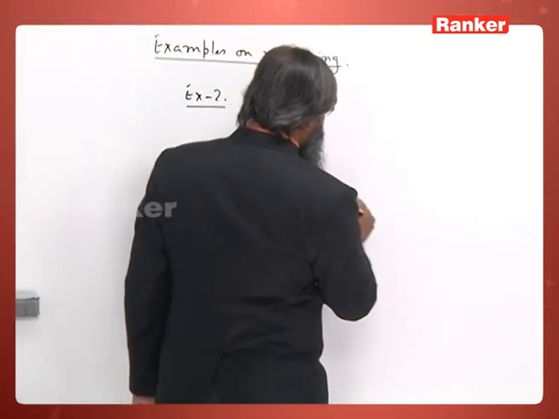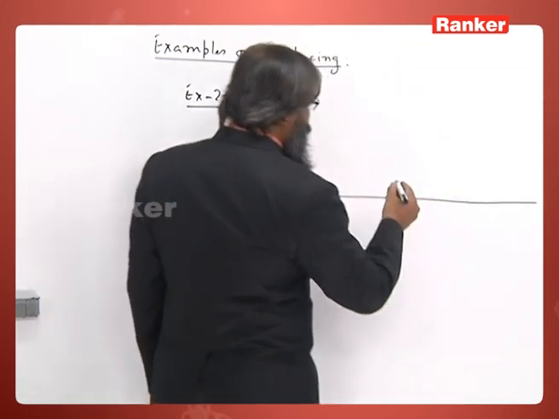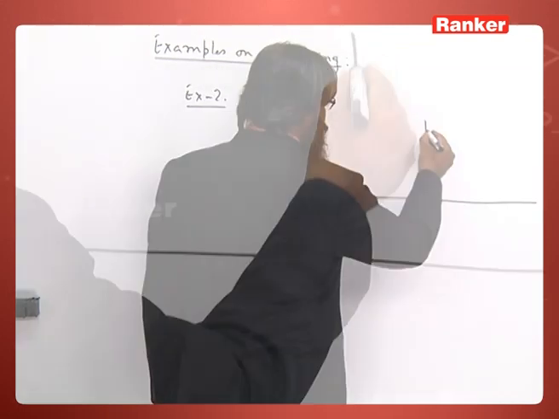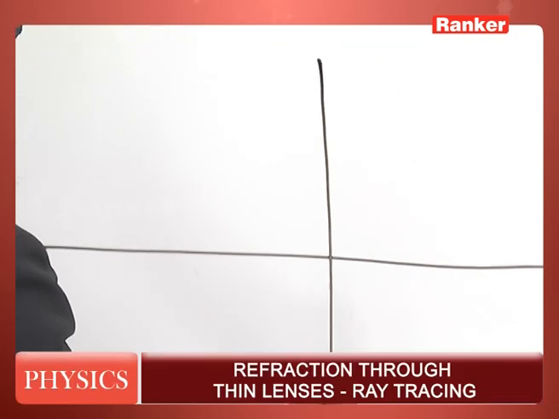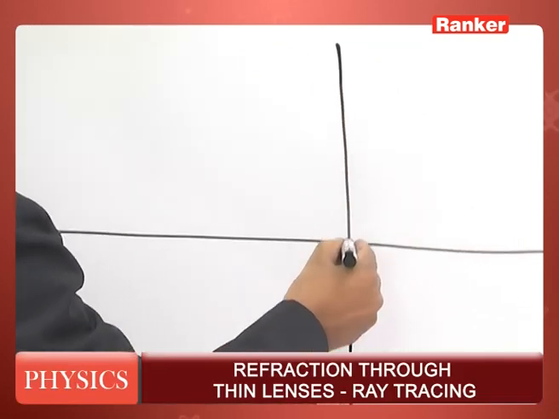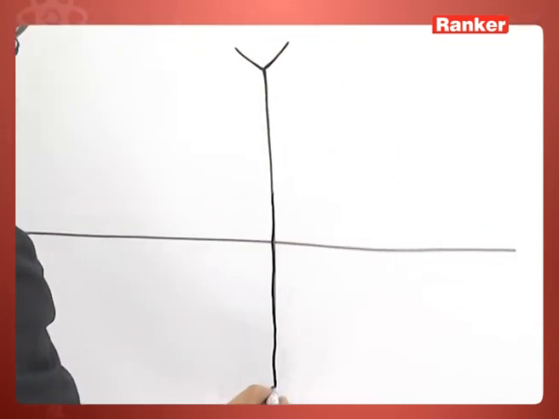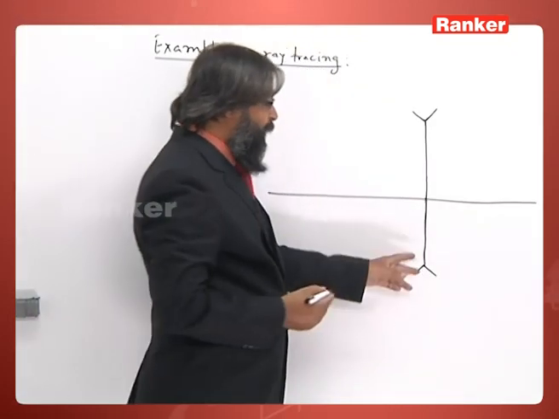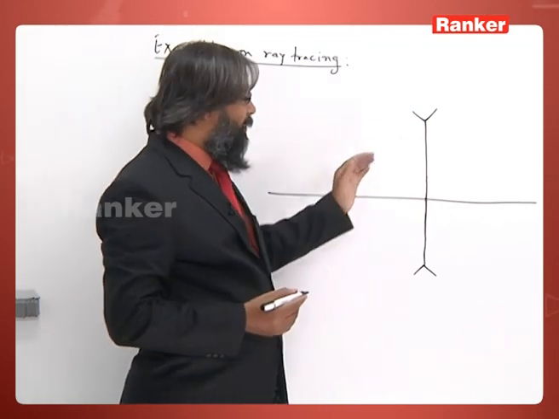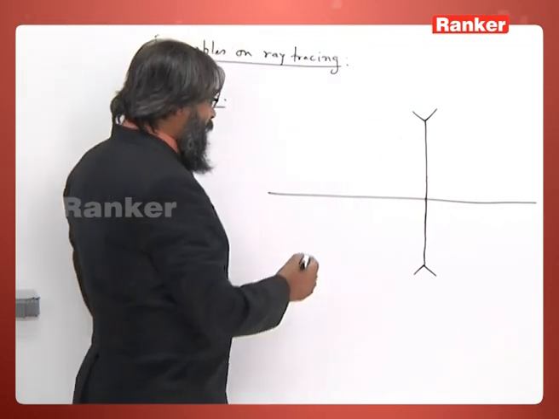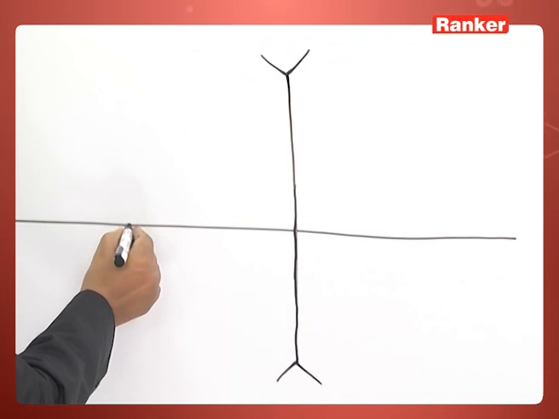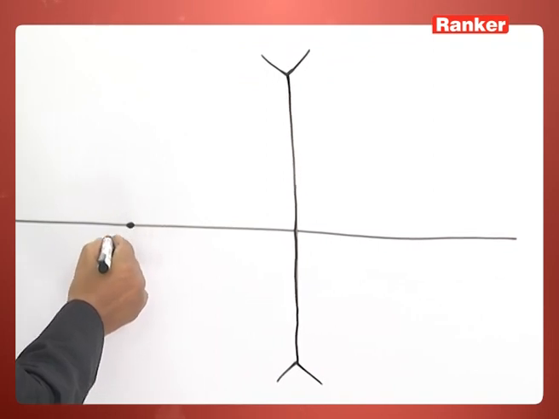Now let us take example 2. Here this is the optic axis given and this is your diverging lens, concave lens. This is the symbol we will use for a diverging lens and it is given that the focus is here.